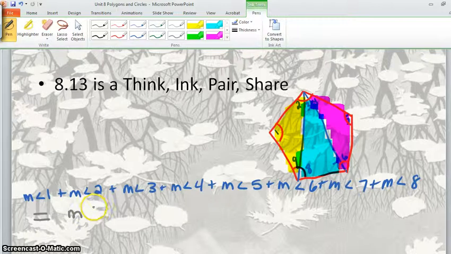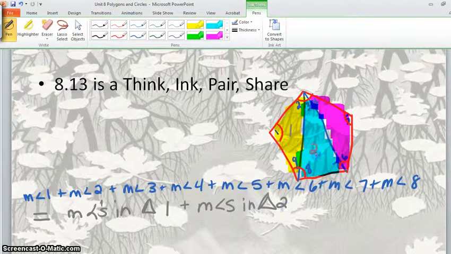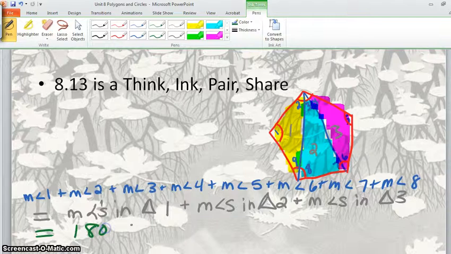So that equals the measure of the angles in triangle 1 plus the measure of the angles in triangle 2 plus the measure of the angles in triangle 3, which in turn equals 180 plus 180 plus 180.